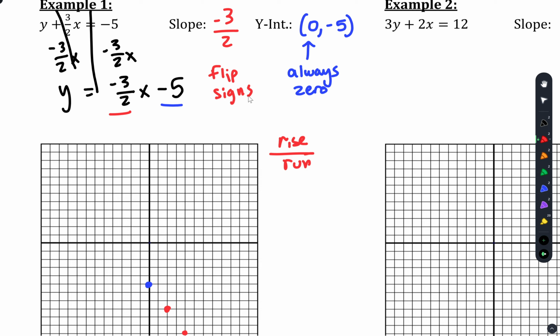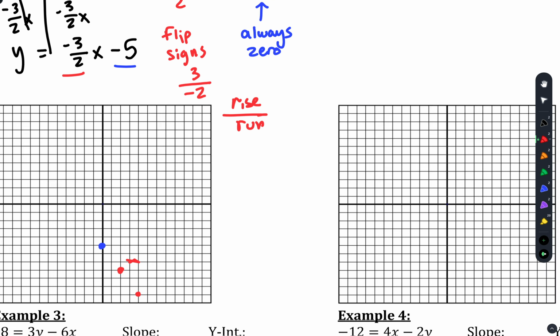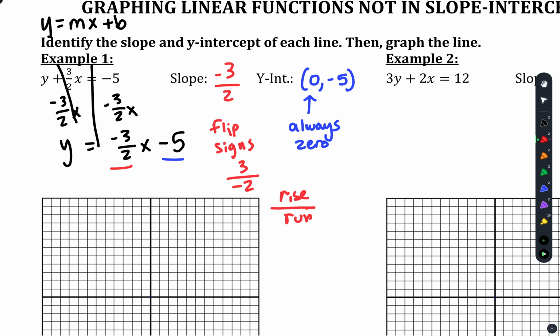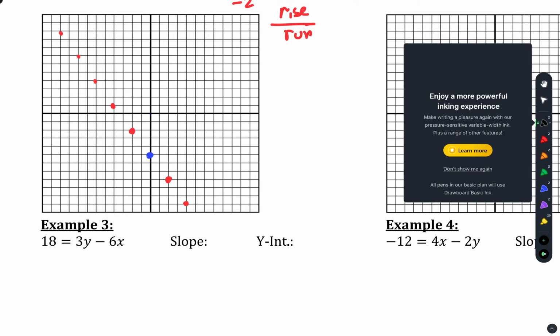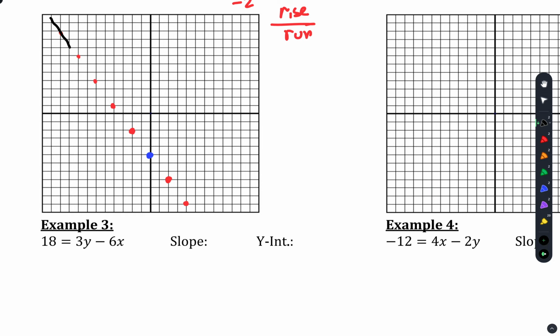So a negative 3 over a positive 2 could also look like a positive 3 over a negative 2, where I go up 3, backwards 2, up 3, backwards 2, all the way to the end of my graph. We use our ruler, we draw a nice straight line.